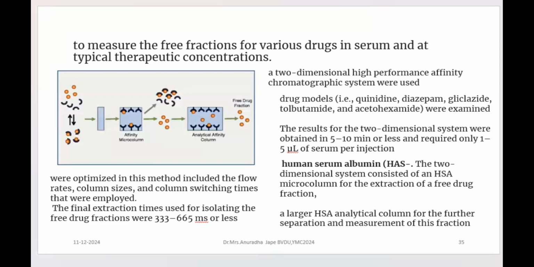So high-performance affinity chromatography, of course, when we talk about high performance column chromatography, we have learned that.